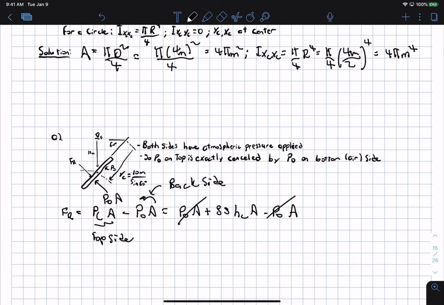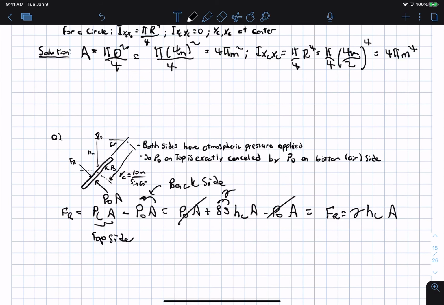So these two go away. Then we now know everything. So this implies that the net force pushing on the gate equals, and this term here I should say is gamma times the height of the centroid times the area. Okay?